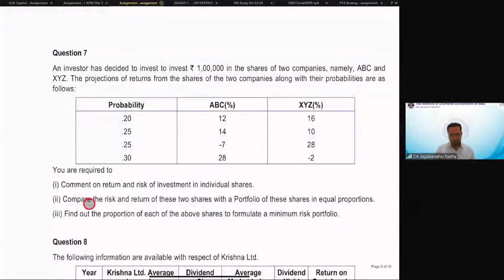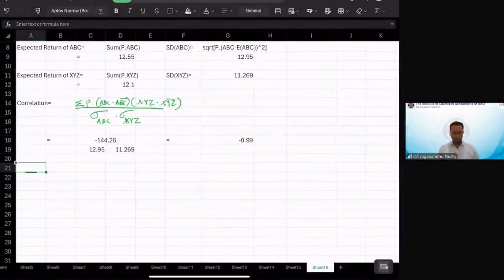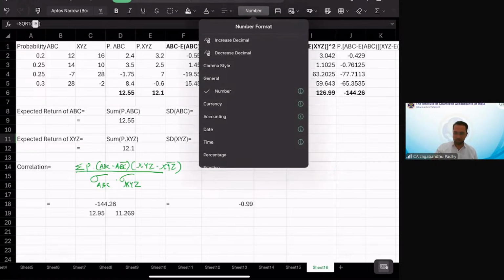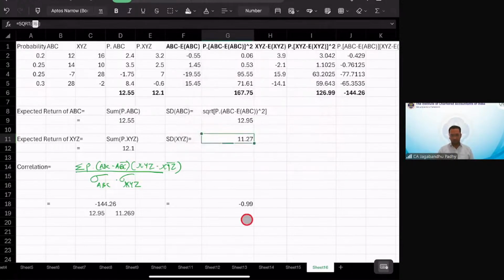Now the question asks us to compute the risk and the return. I have given you this portfolio risk data. You have the return of ABC, return of XYZ, standard deviation of ABC 12.95, standard deviation of XYZ 11.27, and you have the correlation. The additional thing that we need over here is weightage.